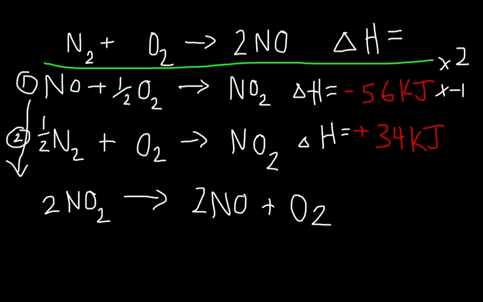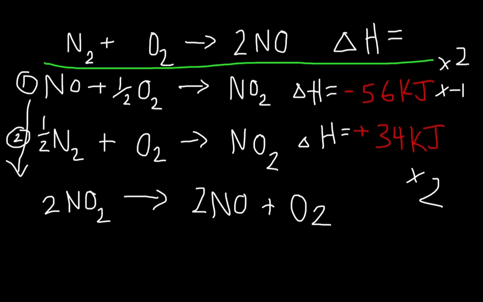We see that nitrogen here is already on the reactant side, but the coefficient is different. This one is just 1, and this one is just 1/2, the coefficient. So we only need to multiply the whole equation by 2. I'm going to multiply by 2 here.